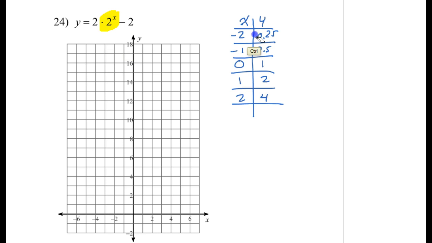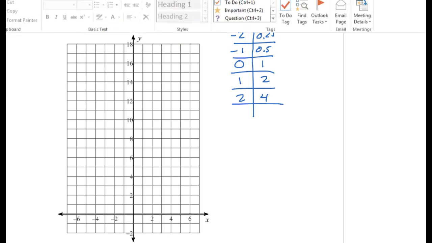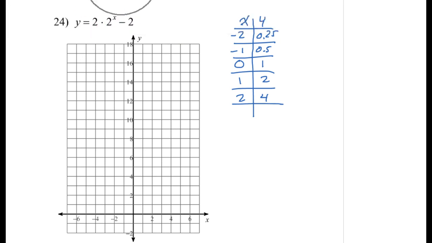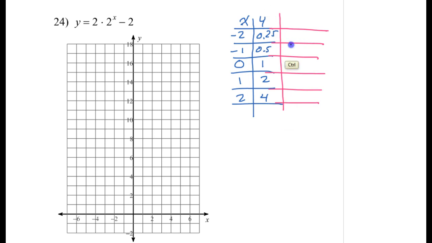Okay, so I'm going to need a new y column because both of these transformations are going to affect the y values. All right, to form the new y column, I'm going to do 2y minus 2.